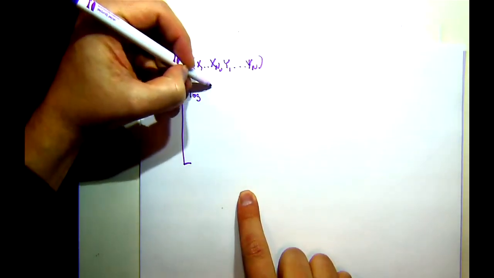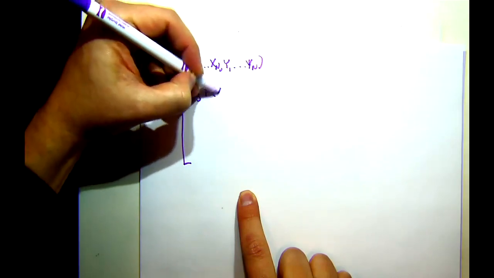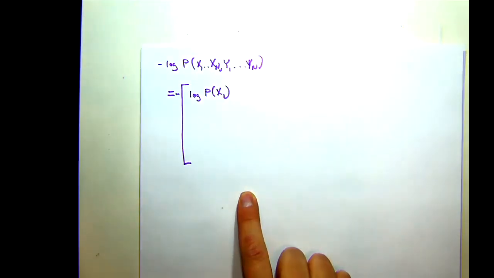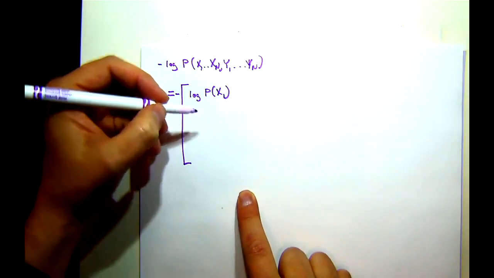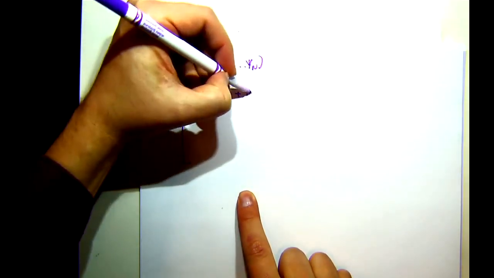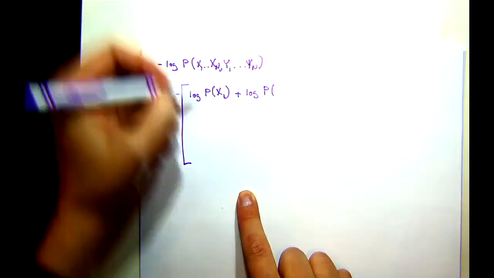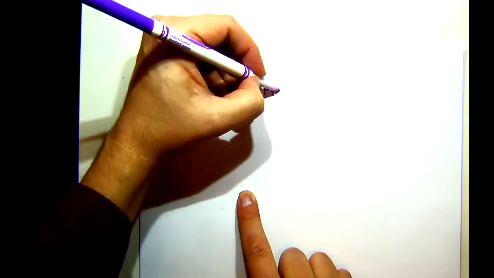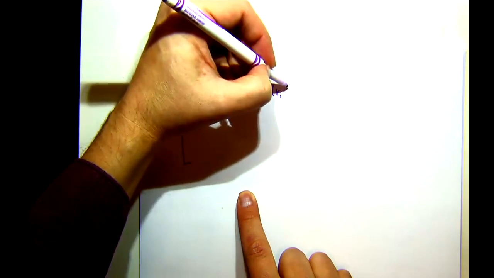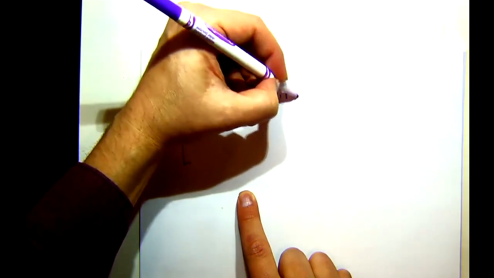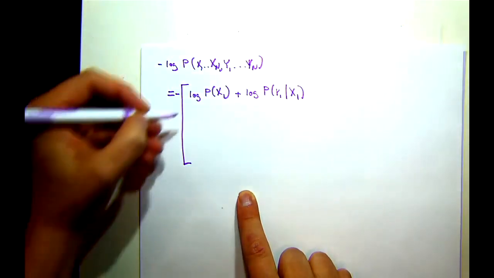We come up with the log of the probability of being in the first state, plus the log of observing the first y given the first state that we see.